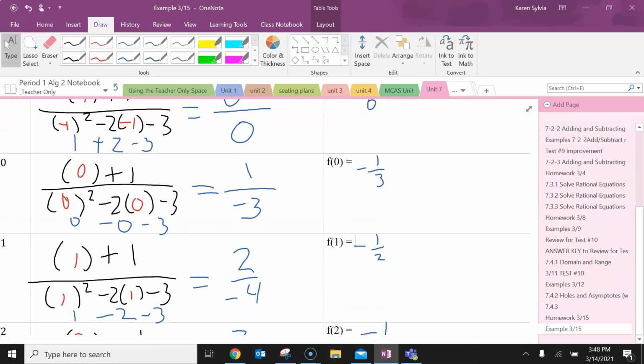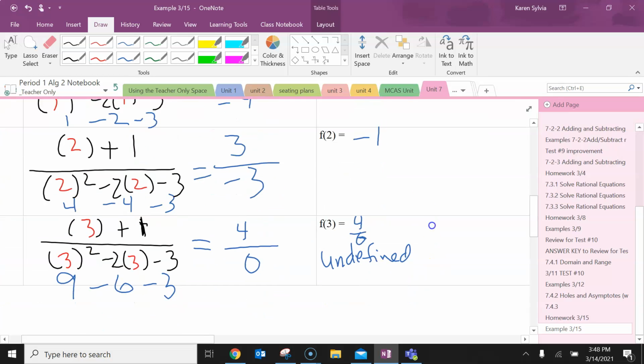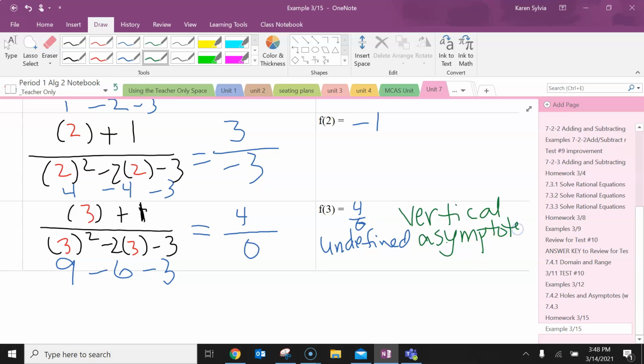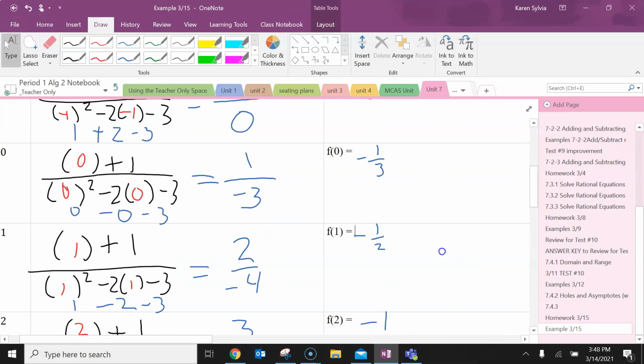So any value you plug in that would be undefined gives you a vertical asymptote. So that means that my value of 3 is where my vertical asymptote is. So at the line x equals 3, that is my vertical asymptote.